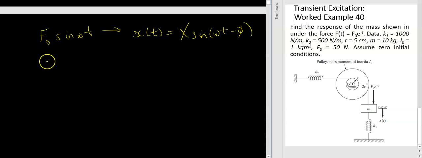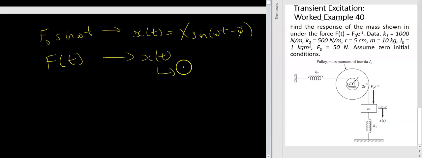If we are going to have an arbitrary function F(t) that is not equal to F0 sine omega t, then we can't expect x(t) to be harmonic. The response is going to be aperiodic as well. Aperiodic just means that it's not going to be a periodic function or a harmonic function. So our question again is really for any arbitrary excitation source, how do we solve for x(t)? And we'll be concentrating on the Laplace transform.